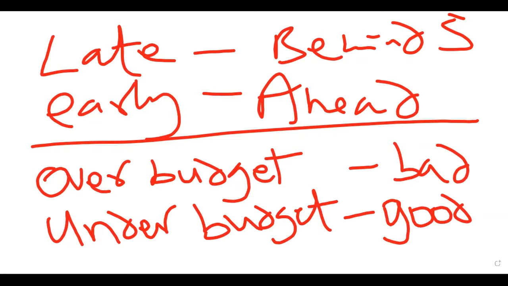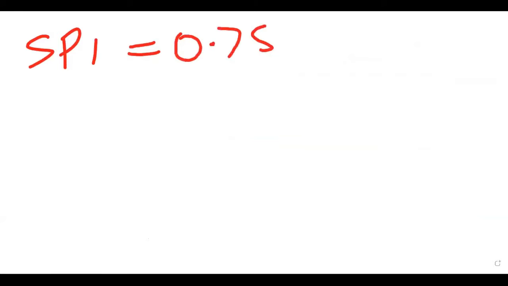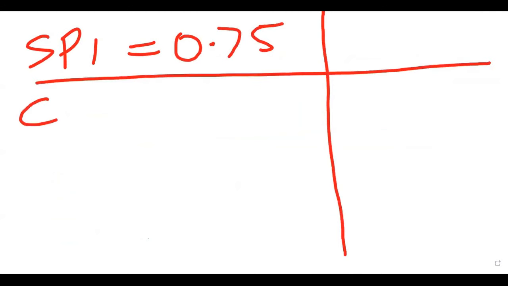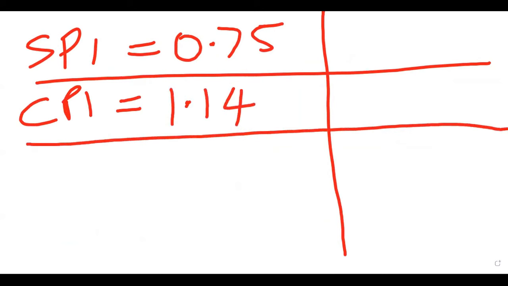So let me give you a few very quick questions. If your SPI is 0.75, you tell me, is this good or bad? If your CPI is 1.14, you tell me, is it good or bad and what it means?